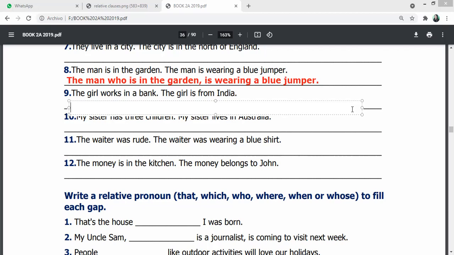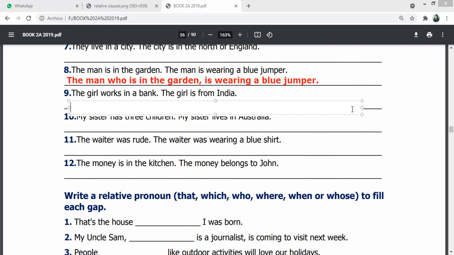Which? In that sentence. Yes. We can use which, but it's better to use that because remember that which is for objects, in animals, in food.